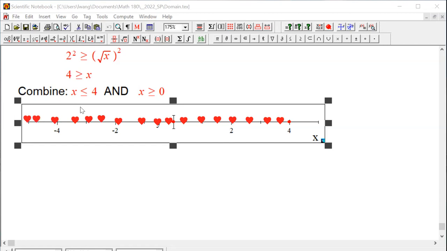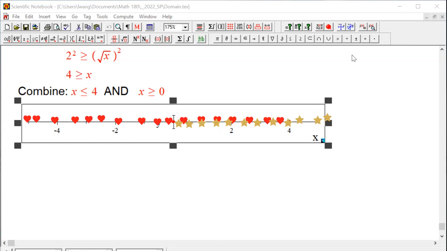Greater than or equal to 0, so I'm going to mark them by star, all of these, all the way to positive infinity. So wherever they're marked twice, those are the x values that satisfy both conditions. And those are the numbers between 0 and 4.